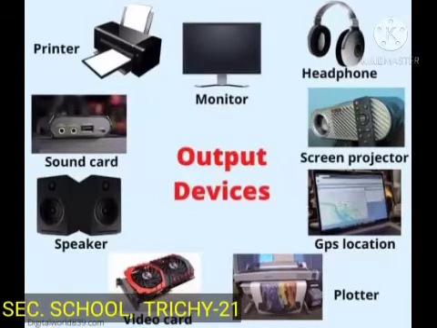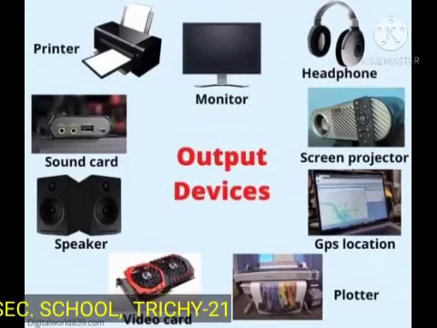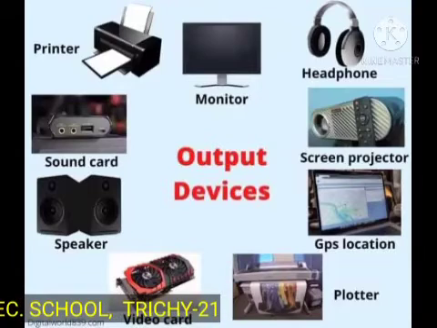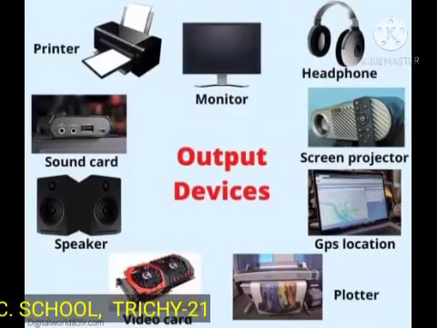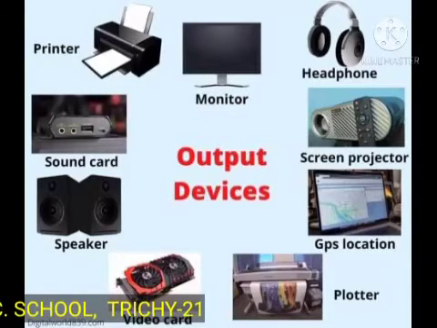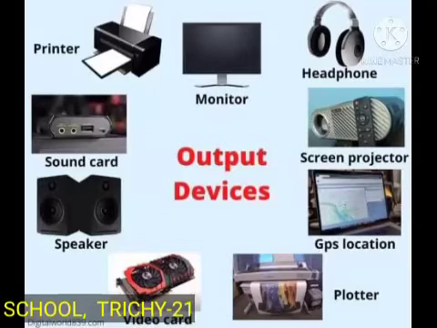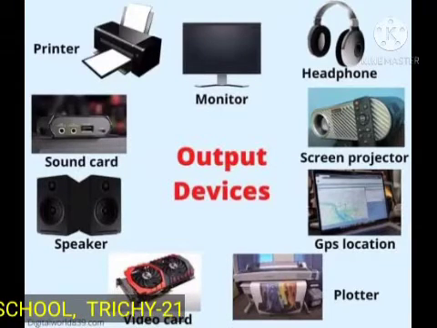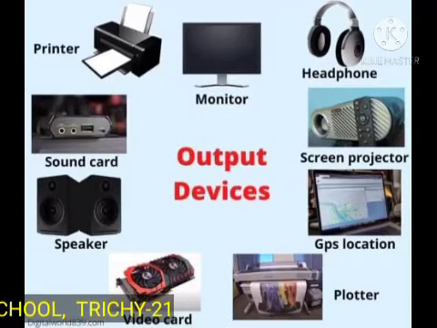There are two types of monitor, namely cathode ray tube monitor, CRT, and thin film transistor monitor, TFT. Nowadays, computer systems have TFT, that is thin film transistor monitors, as they occupy less space and emit less heat than CRT monitors.